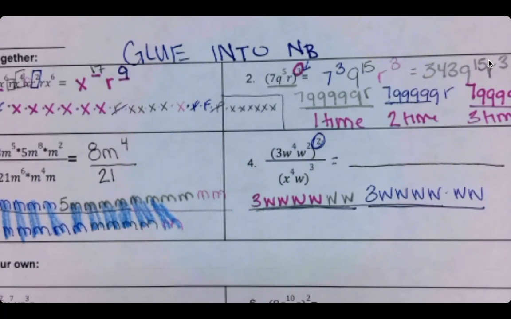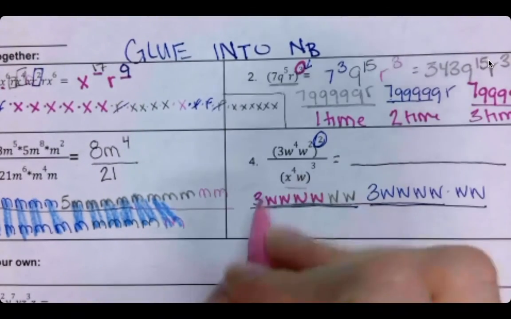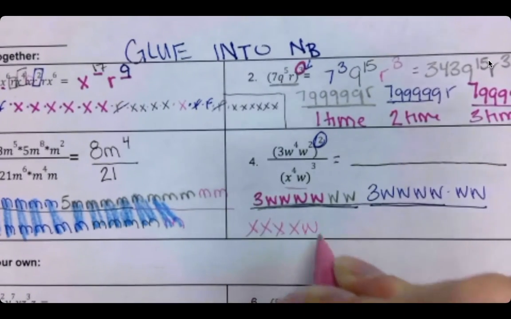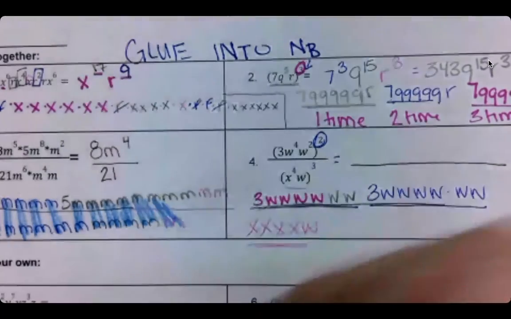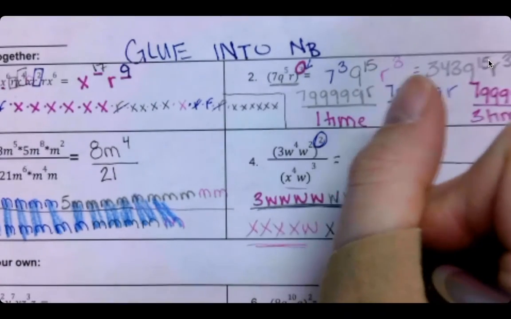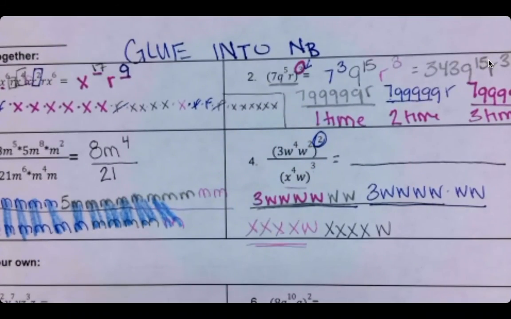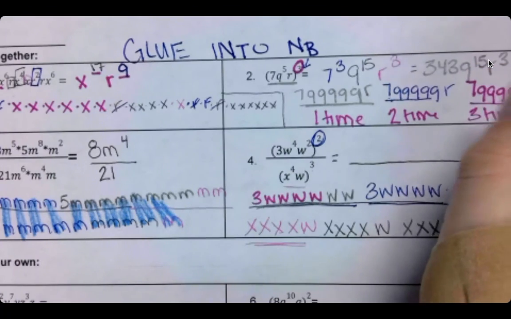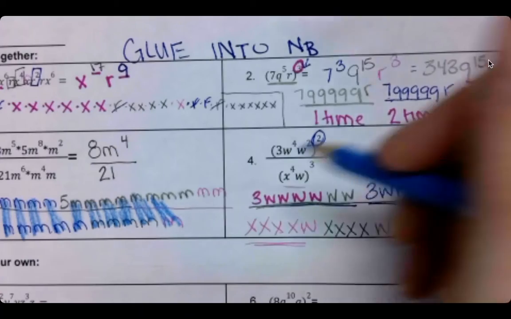That's okay. Then we can do the same thing on the bottom. Same thing, this, and then it's an exponent. So again, 1, 2, 3, 4, and then a W is only written 1 time, but we need it 3 times. All right, and then we can do our crossing out of W's.